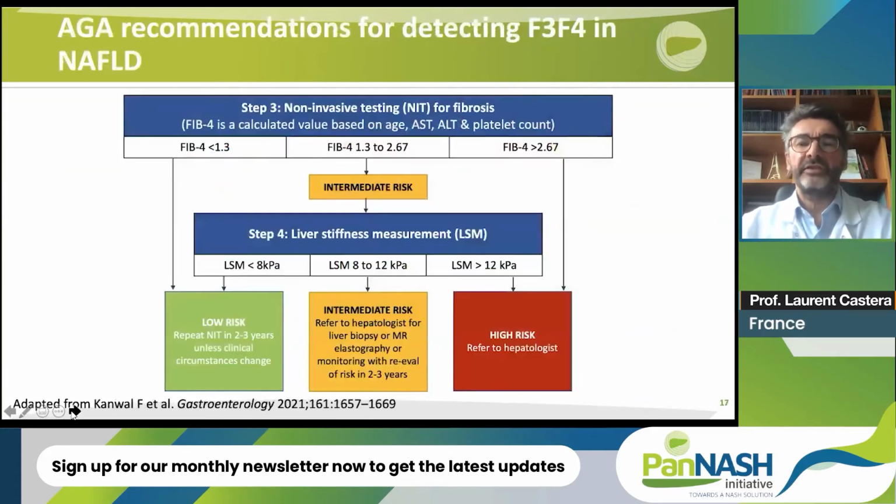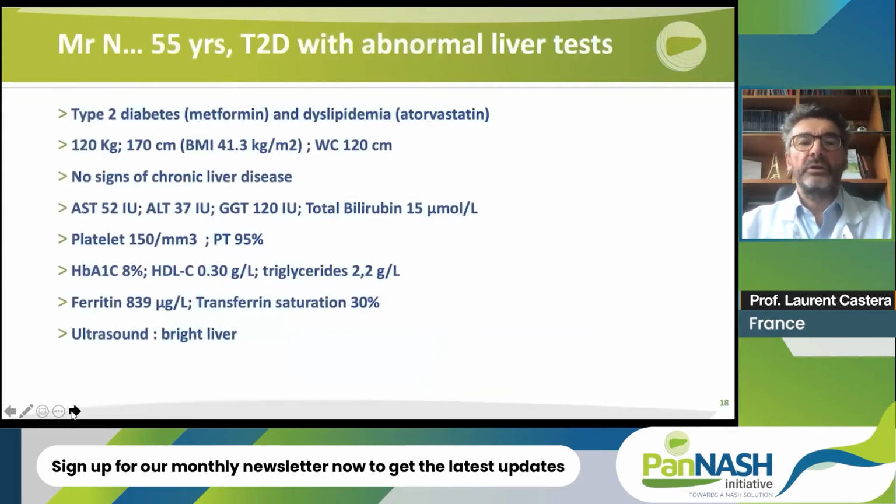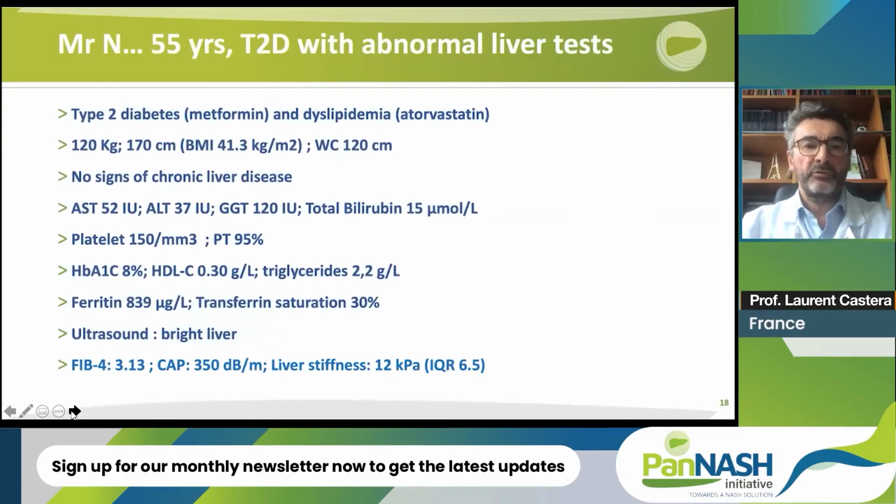We also have this recommendation published in Gastroenterology from AGA that uses basically the same pathway, FIB4, then liver stiffness. So back to our patient, you can see the FIB4 is above 1.3, CAP is suggestive of steatosis, and liver stiffness is elevated, above 10 kilopascal, 12 kilopascal.